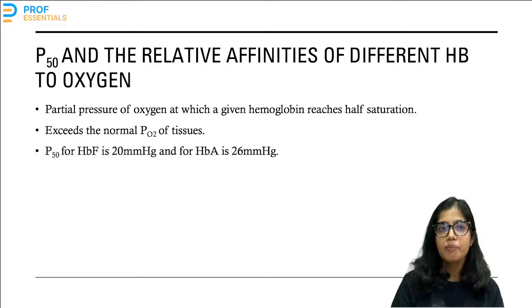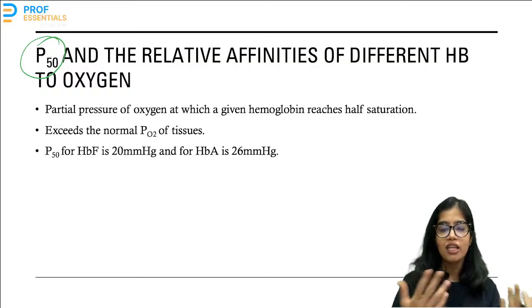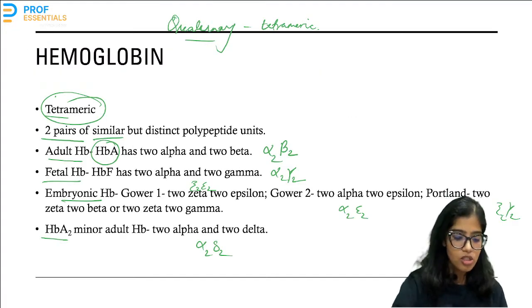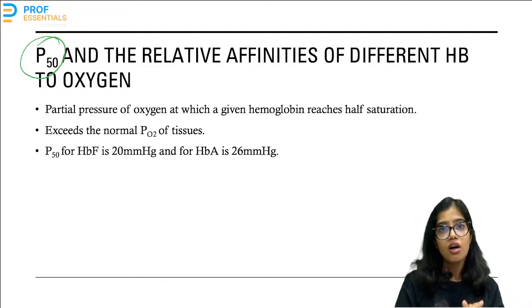Now, what is P50? P50 is that partial pressure of oxygen at which a given hemoglobin reaches half saturation. What is a given hemoglobin? We have studied about different types of hemoglobins here, right? So any given hemoglobin will have a different P50 because they will have different affinities for oxygen.